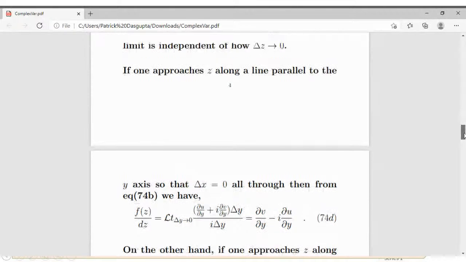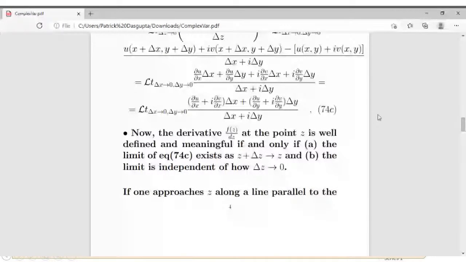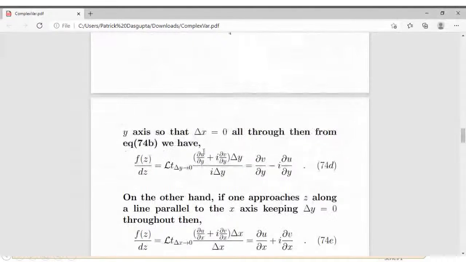And therefore, if you substitute in equation 74C, delta x is 0, then you will get the derivative to be limit delta y tending to 0, del u by del y plus iota del v by del y multiplied by delta y divided by iota delta y. And therefore, delta y will cancel. So the result, everywhere there seems to be this typo, it should be dfz by dz.